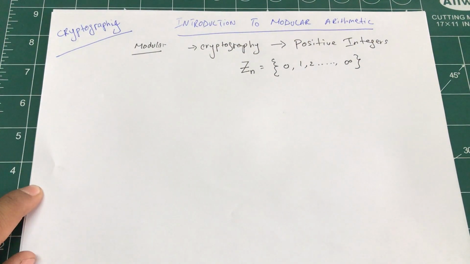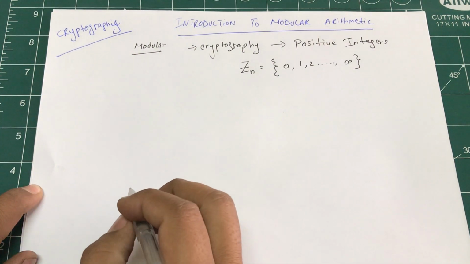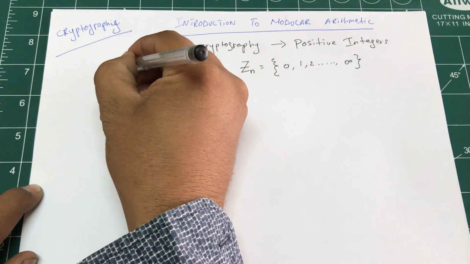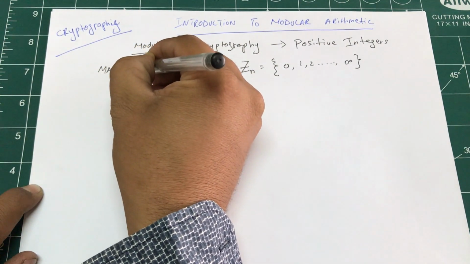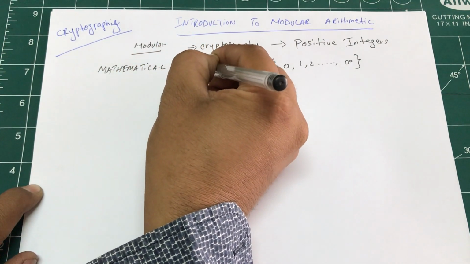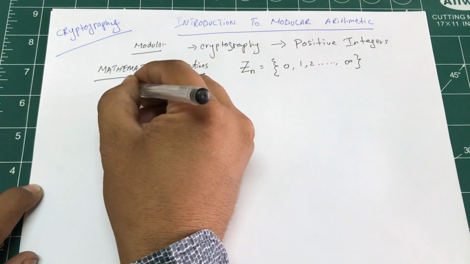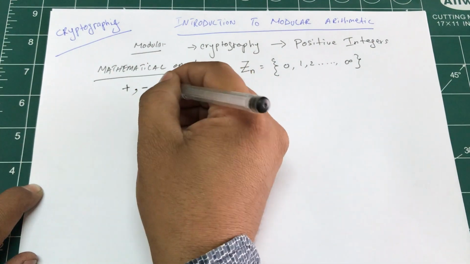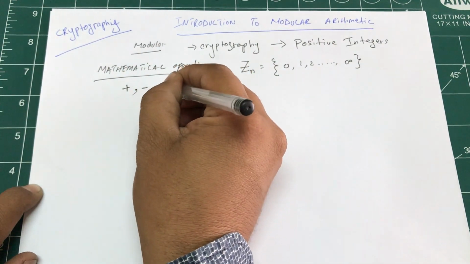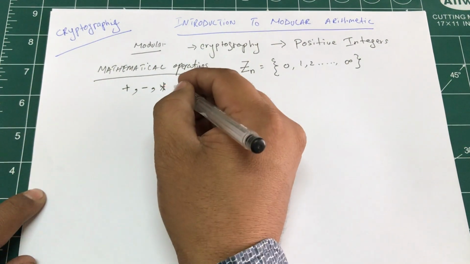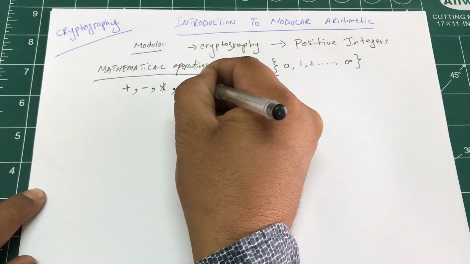So the first operation that I'm focusing on, we're just going to directly go to an example. What type of mathematical operations do we have in cryptography? We have plus, addition, we have subtraction, we have multiplication, and instead of division, we have something called multiplicative inverses.